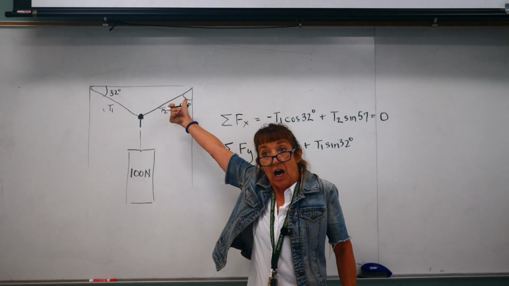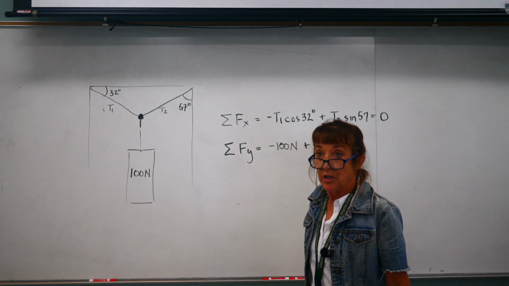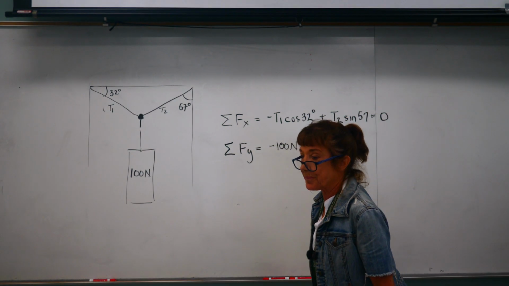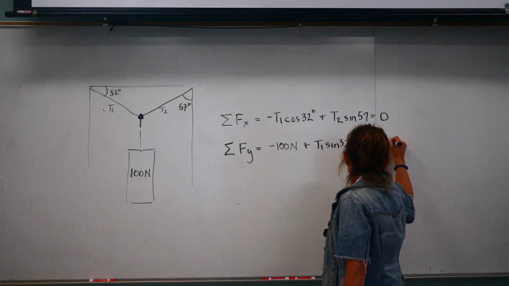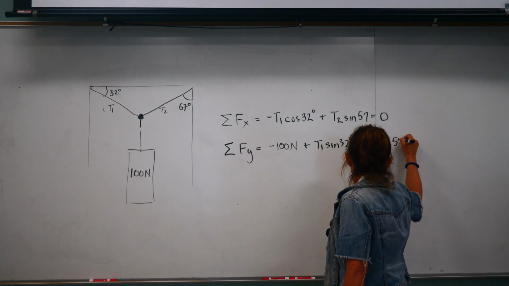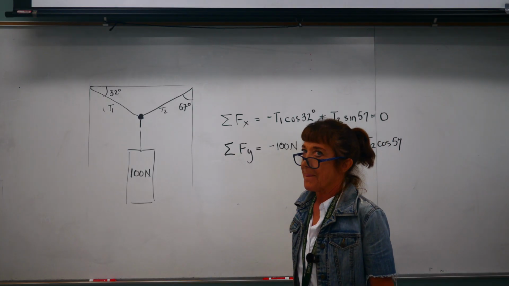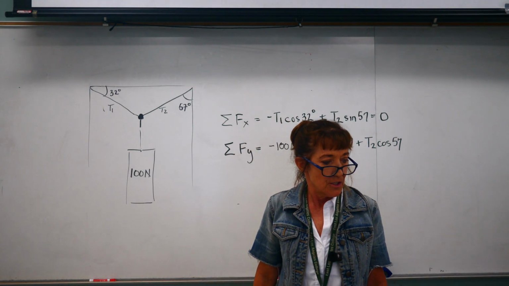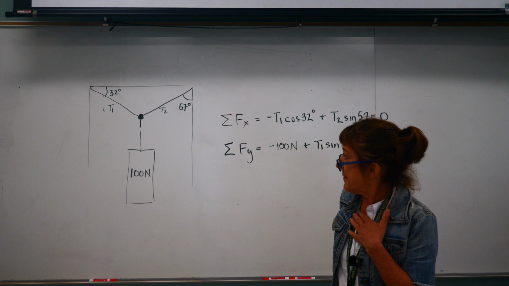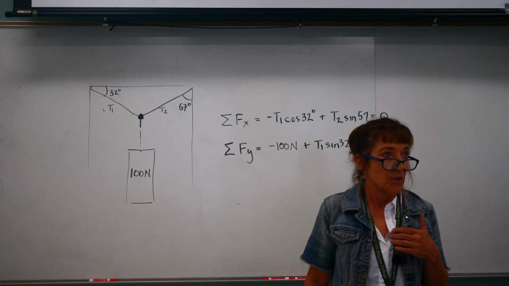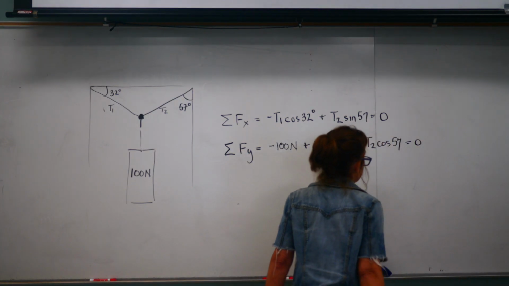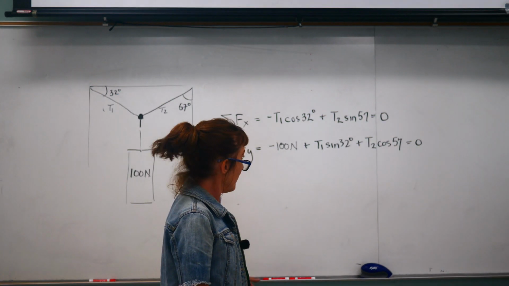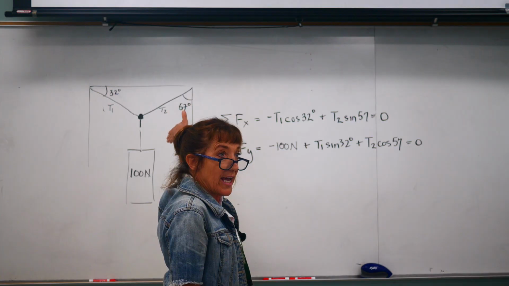Plus, because that's going up, right? T2 cos 57. All right. Okay. Are we also saying that equals 0 again? Yes. Yes, thank you. Right, because that's not moving up or down.